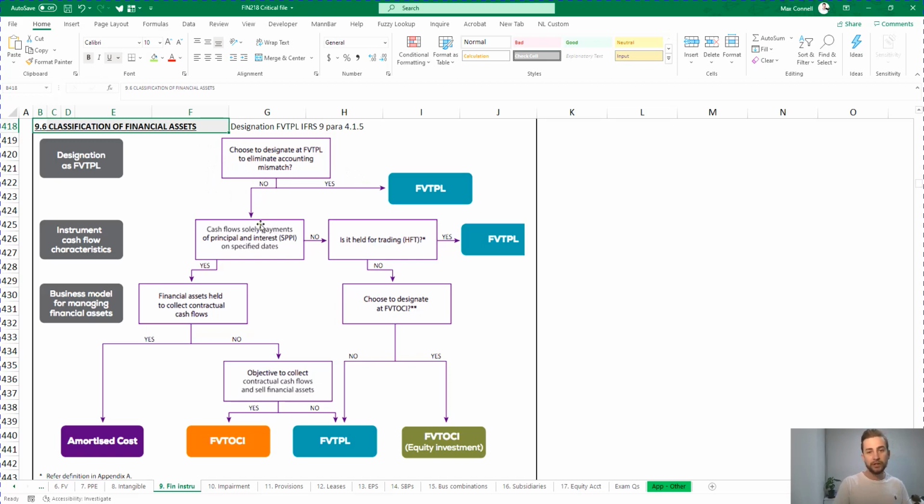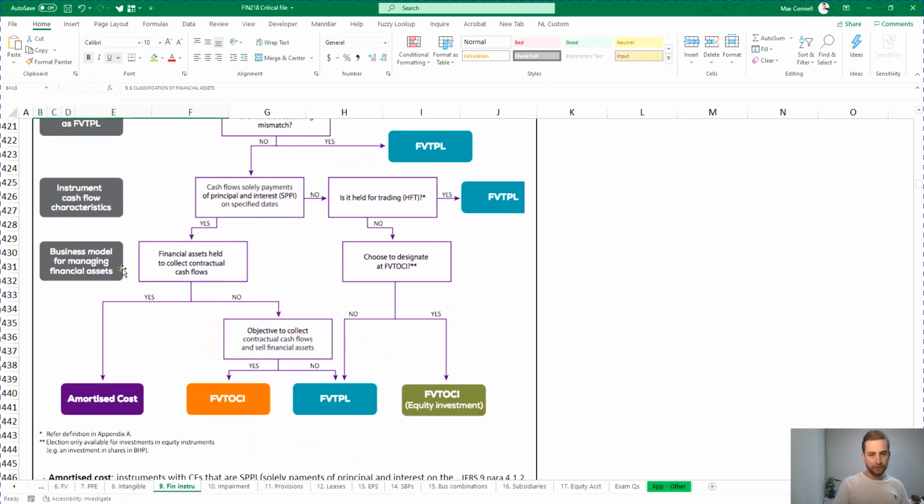No. So we want to highlight our thought process so that there's no choice of doing that. The second consideration is, are the cash flows solely payments of principal and interest on specified dates? The answer is yes, because the question gives us that information that there will be repayments of cash flow on certain dates. So the answer is yes, and there's another mark right there.